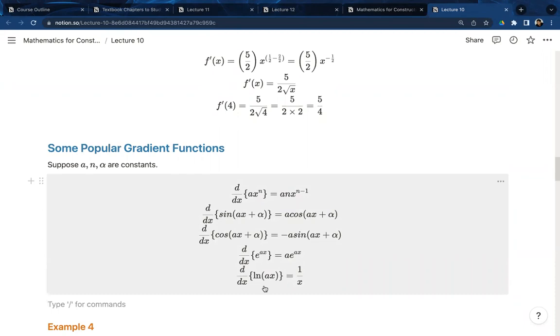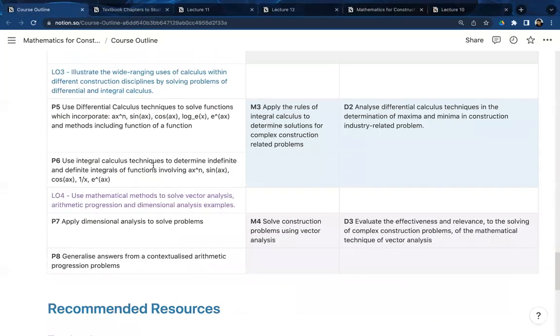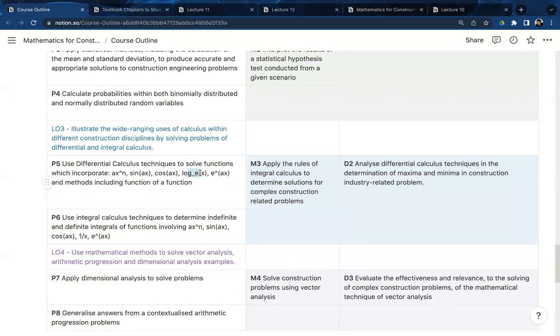Okay, it's a very, very important function in mathematics. At least you ought to know it for this course, because if you look at your outline, we talk about ln x, log to base e, right?